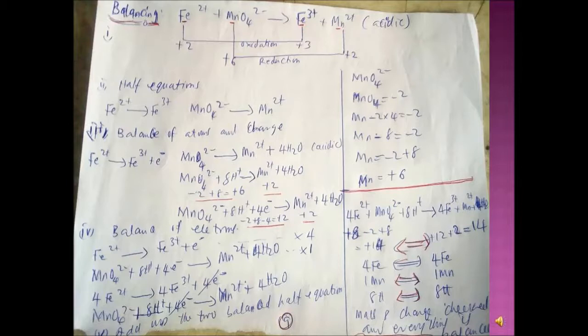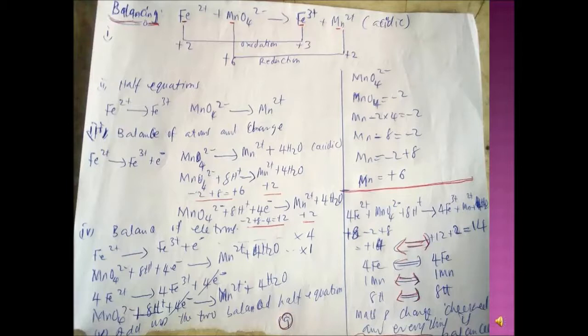Okay, now divide into two half equations, the oxidation half and then the reduction half. From here you can see that iron 2 got oxidized: there's an oxidation from iron 2 to iron 3, and there's a reduction from manganese 6, not 7, sorry, manganese 6 to manganese 2.